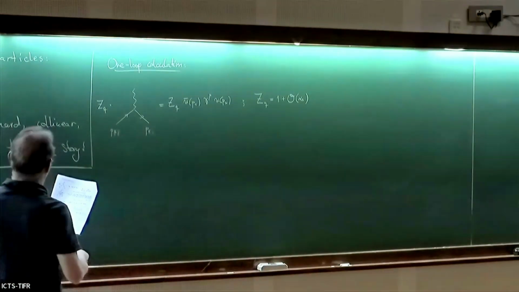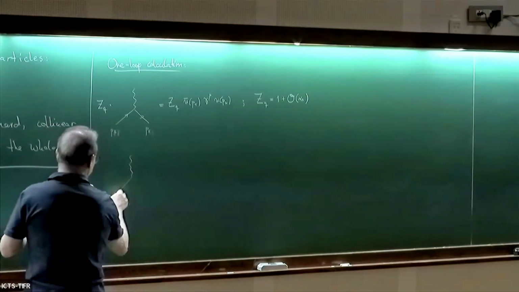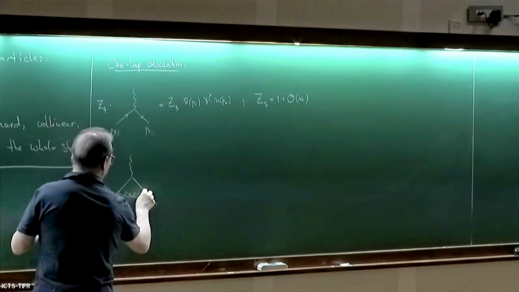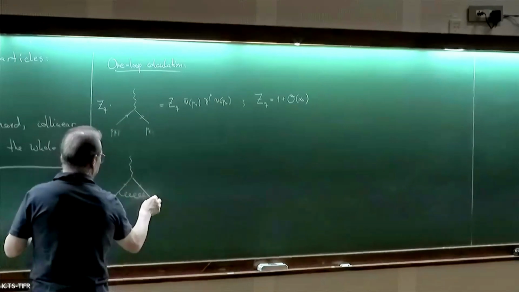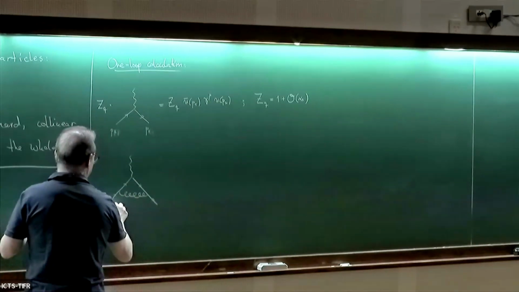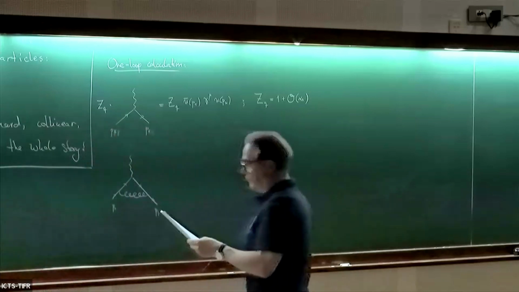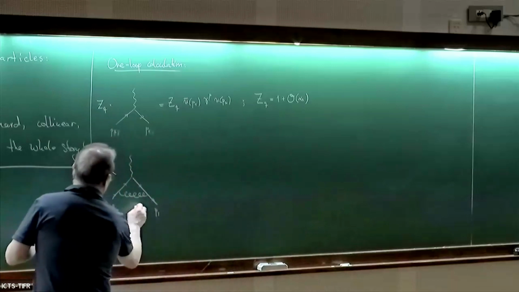But of course, at one loop, there's also a more interesting one-loop diagram that we can draw. And this is really what we're going to study. It's this diagram where we exchange a gluon between the two quark lines. And let's assign a momentum to the gluon.